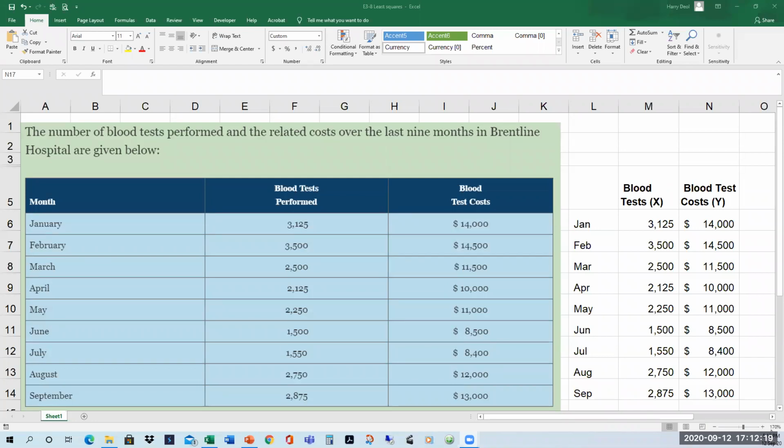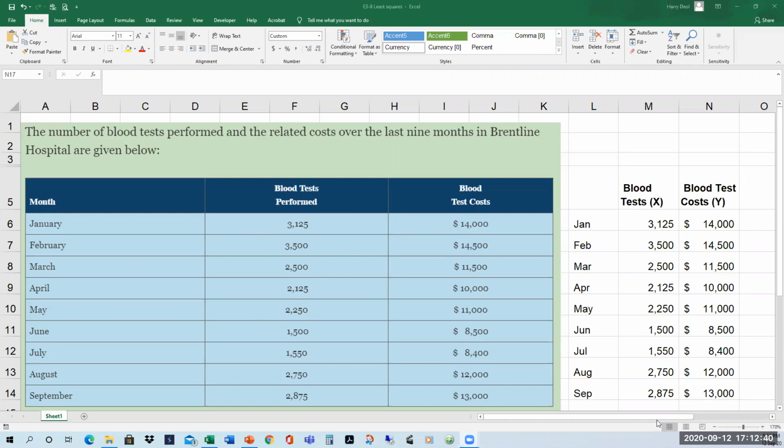So what I've gone ahead and done is copied the information in these Excel cells. Okay, so whatever was the information from the problem, I've reproduced the information in Excel cells. Got the blood tests done each month and the costs of blood tests in each month.